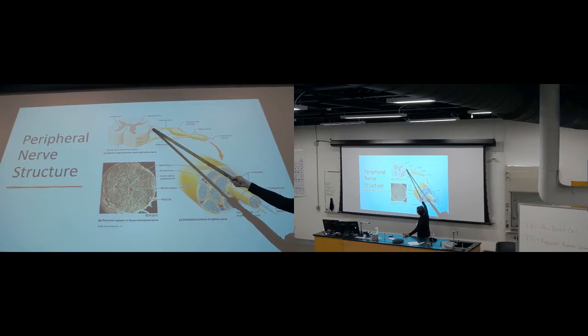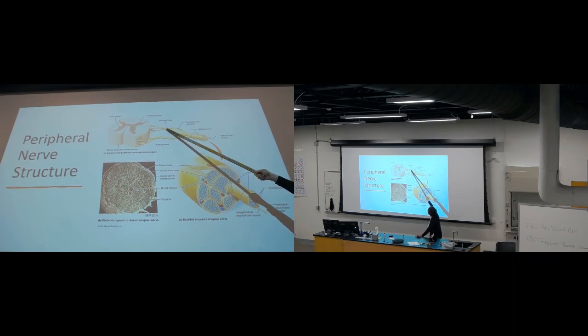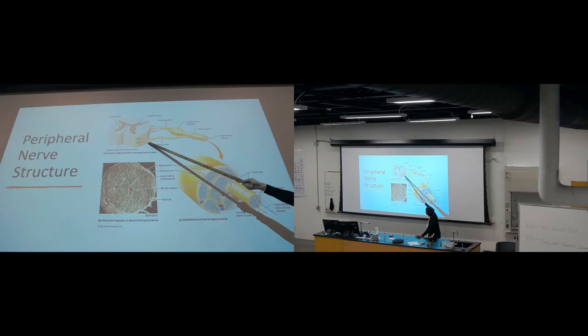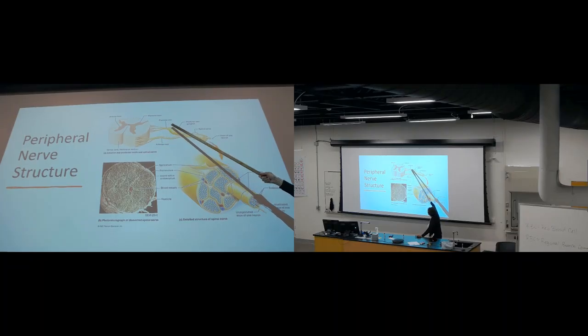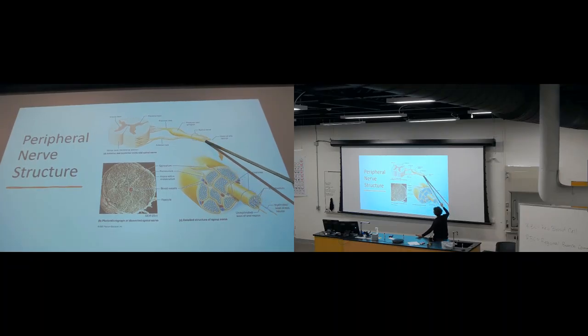These will be the posterior rootlets, and these will be the anterior rootlets. These rootlets are tiny connections. Now these rootlets form roots. So you have the posterior root and the anterior root, and they merge, or anastomose, to form a single peripheral nerve.